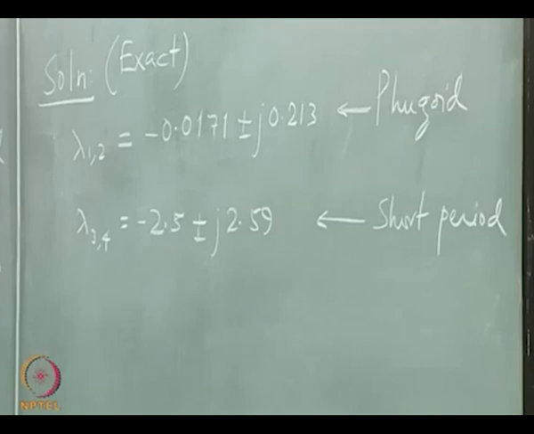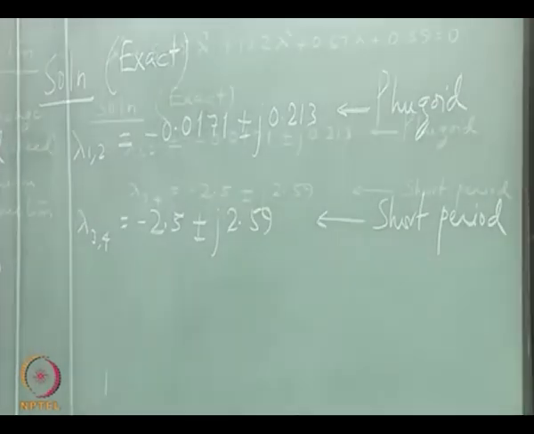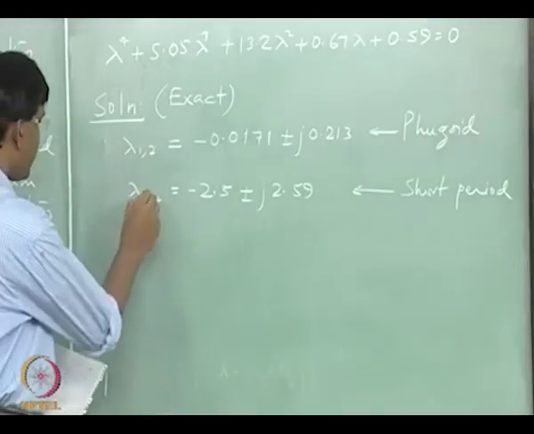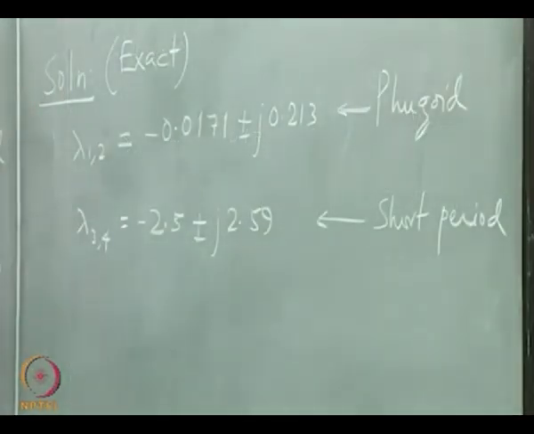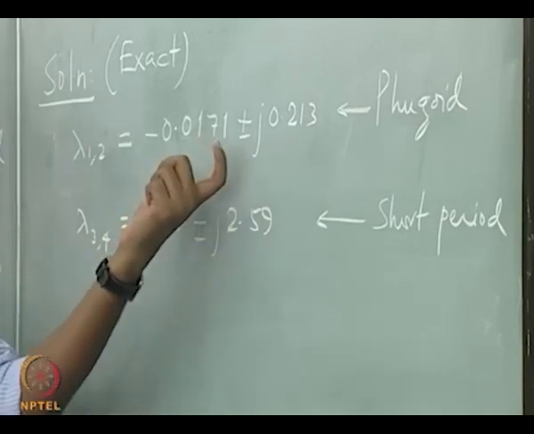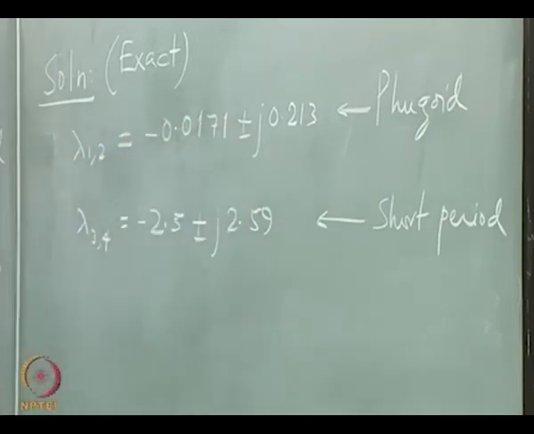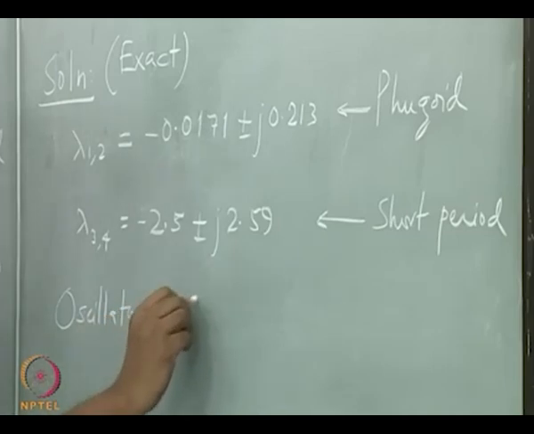These are exact numbers obtained by solving that matrix for eigenvalues. We find that both these modes are oscillatory, because these eigenvalues are complex conjugates, and stable.